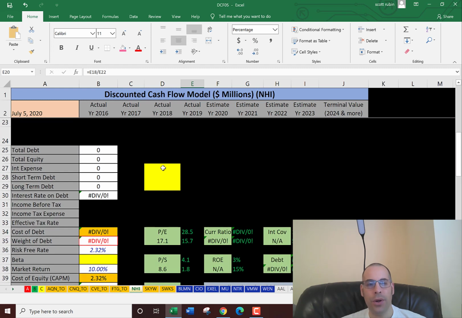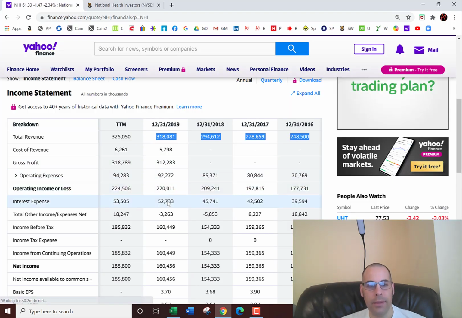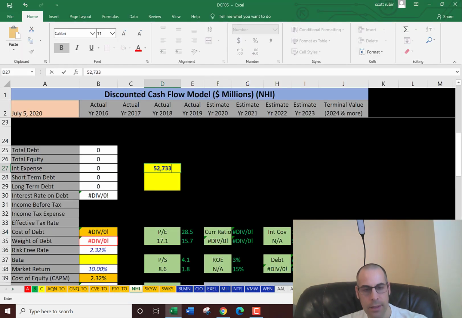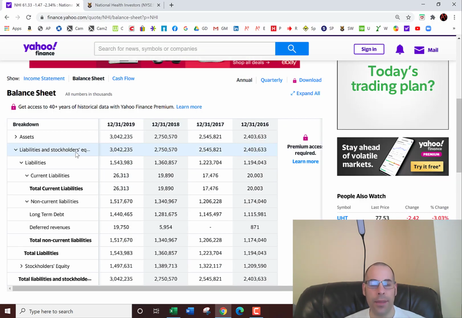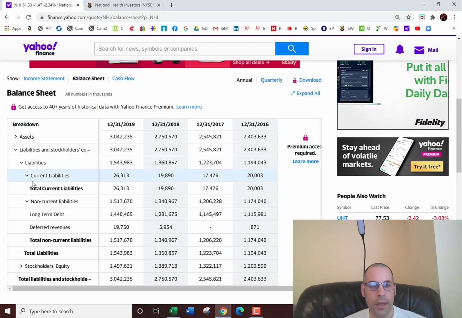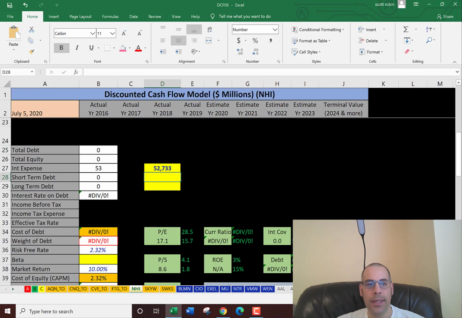Let's figure out the capital structure of the company so we know what to discount the future cash flows by. They pay interest on their debt of $52 million. And let's figure out how much debt they have. We'll go to the balance sheet, then we'll go to the liability section. So they have long-term debt of $1.4 billion, and that's debt due after 1 year.